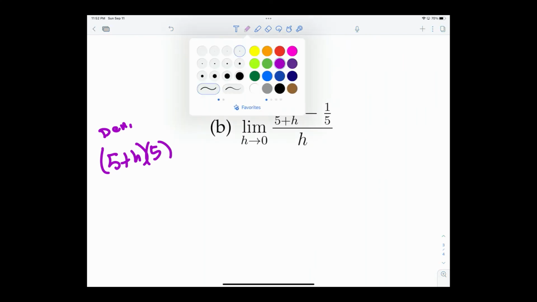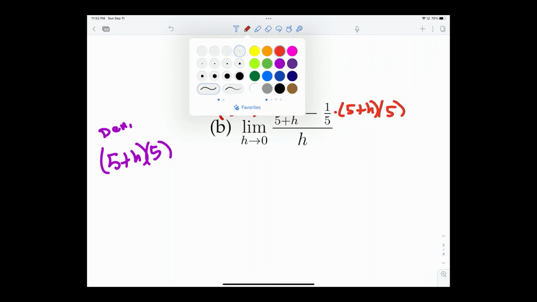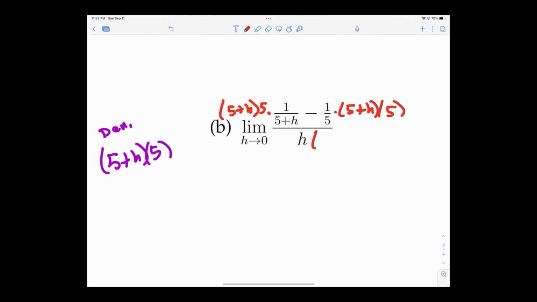So we're going to take that first term, multiply by 5 plus h, 5. Second one, 5 plus h, 5. And also the denominator, 5 plus h, 5. Okay, everything gets a 5 plus h, 5.